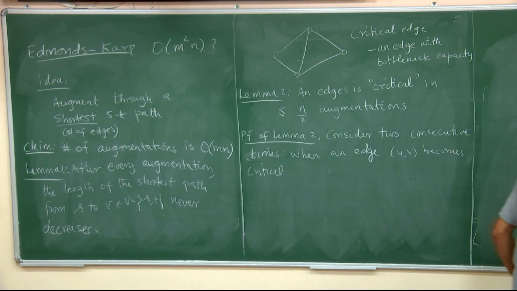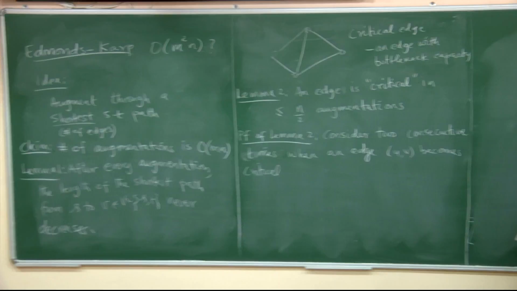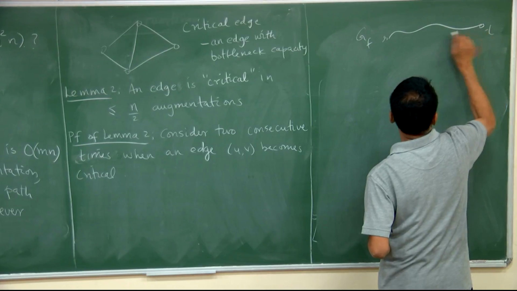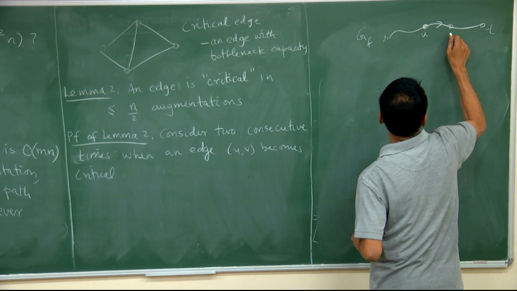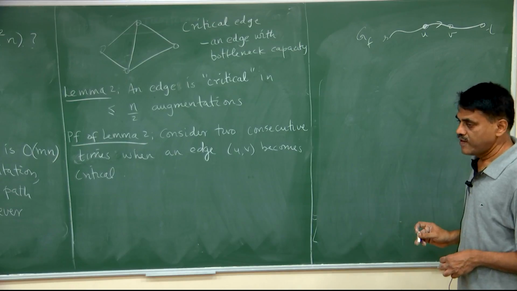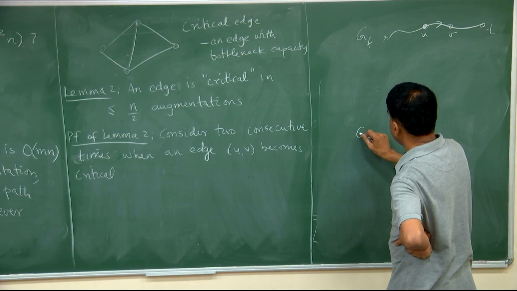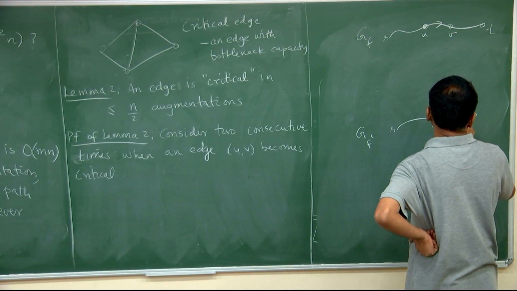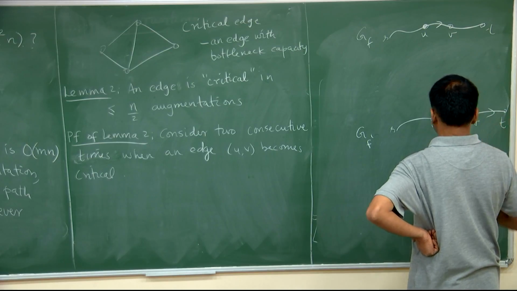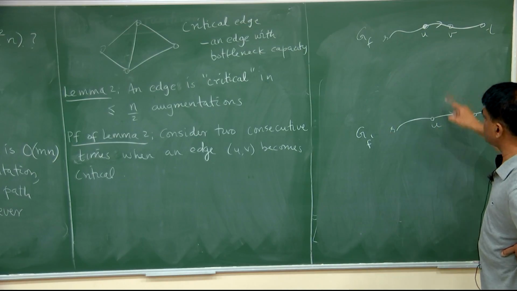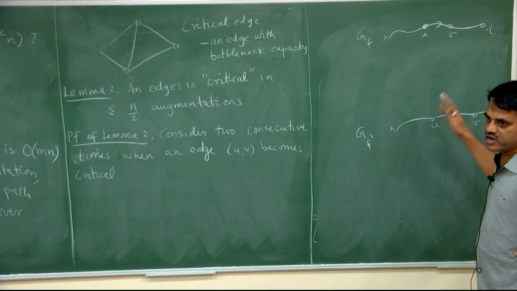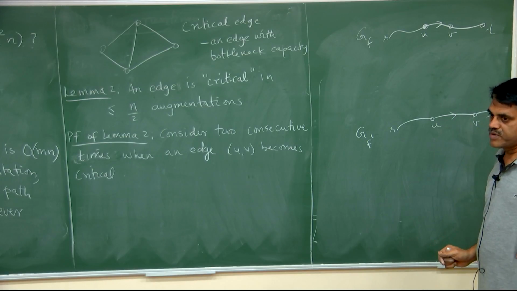So what I mean is the following: I have a GF and I find this shortest path, and this is my edge UV, and it becomes critical. Then somewhere later, in GF prime, UV again becomes critical. So let's take these two consecutive times; there may be a lot of other flows in between where UV was not critical, but let's look at two consecutive times UV became critical.